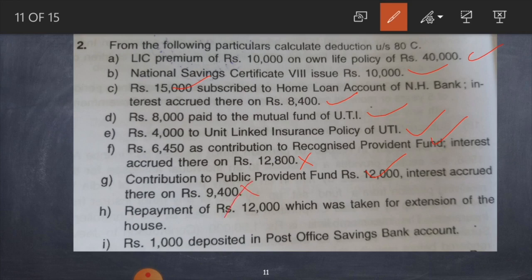Repayment of rupees 12,000 which was taken for extension of house: here see, it is not a construction or a purchase, it is extension of house, so it is not eligible for deduction. And 1,000 deposited in post office savings bank account: savings bank account deposit is not eligible.